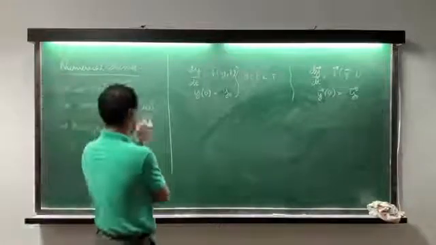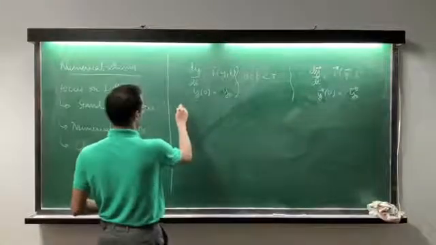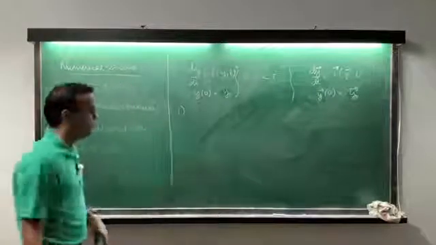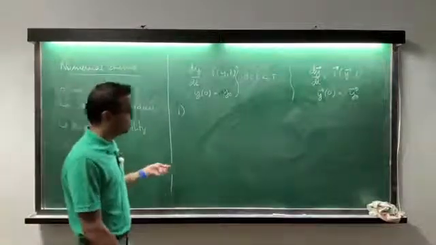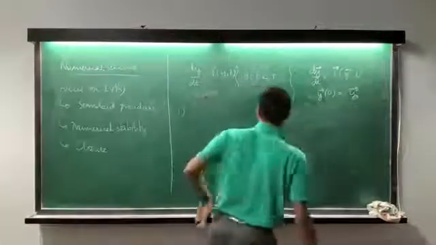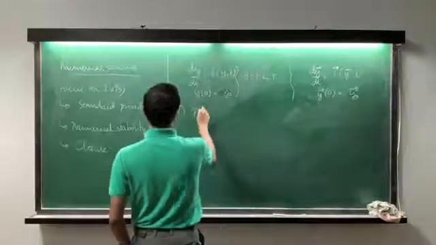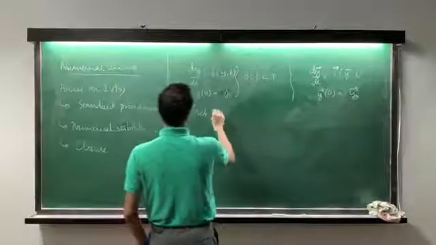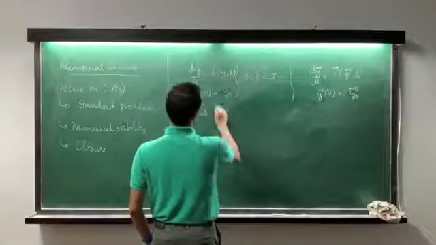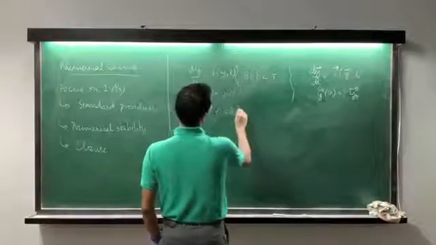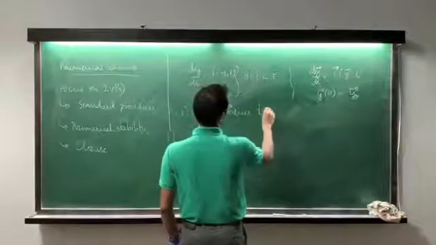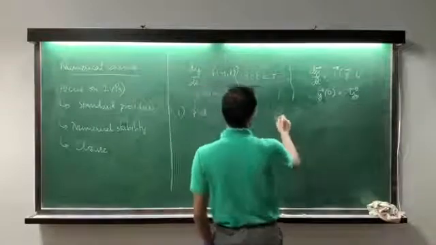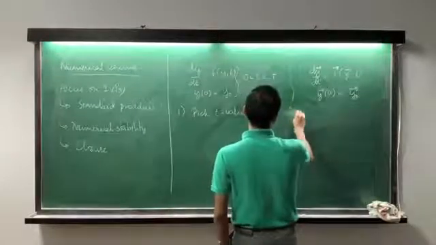So what are the 5 steps that you have to do? First, if you're going to solve this on a computer, you need to pick t values, let's say time t values. We denote them by ti is equal to i times h.